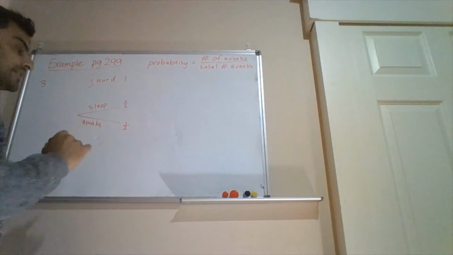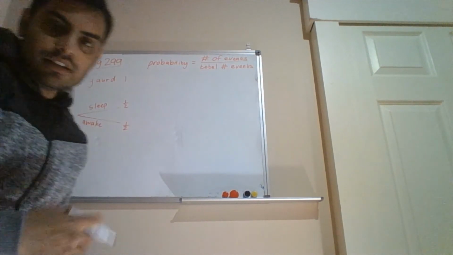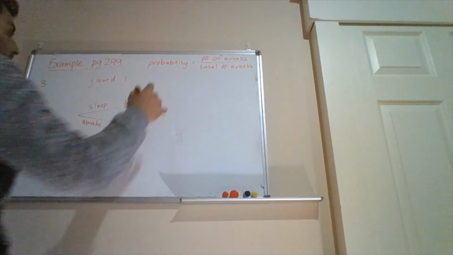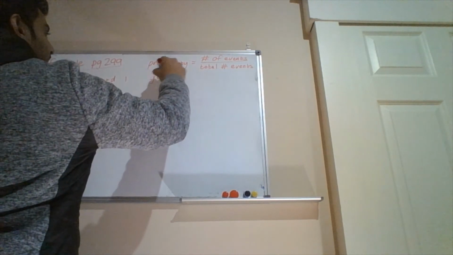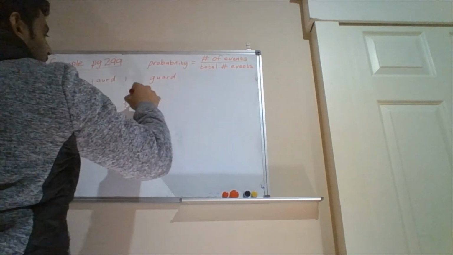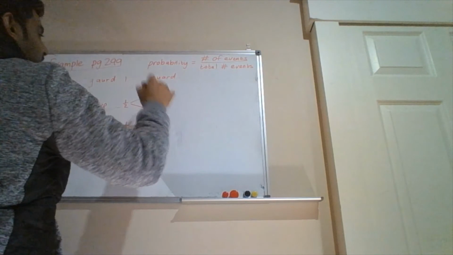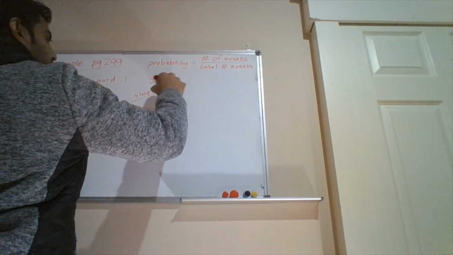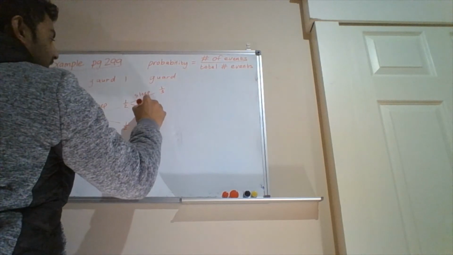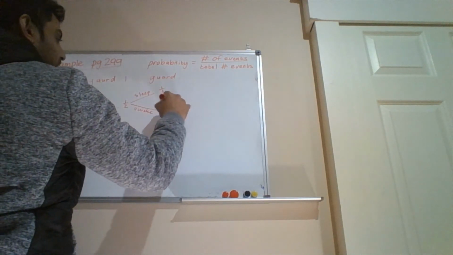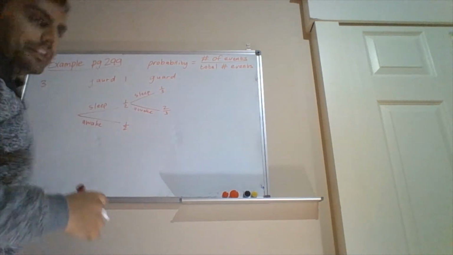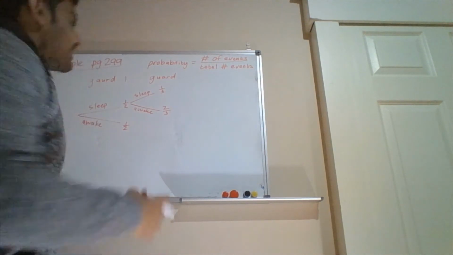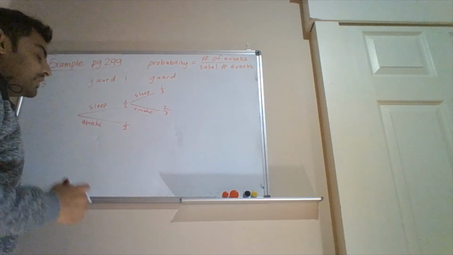Half the time he's asleep, so that must mean the other half of the time he's awake. For the second guard, the probability that he's asleep is a third, and the probability that he's awake is 2/3. So if he's asleep 1/3 of the time, he must be awake for the remaining 2/3.